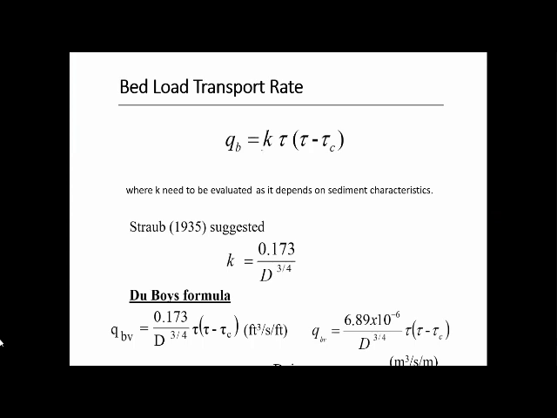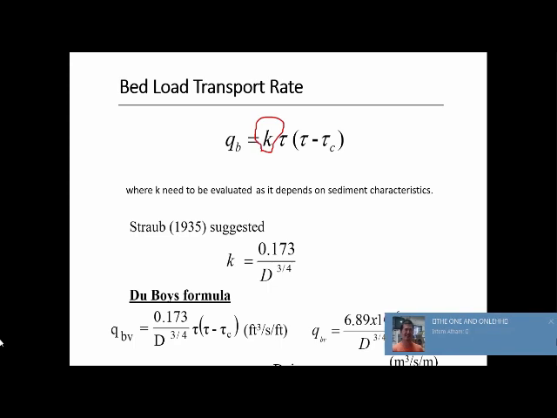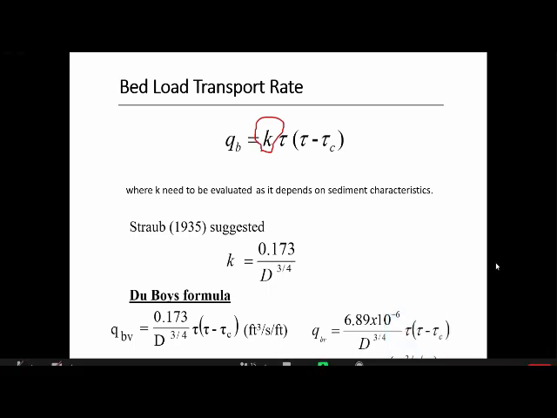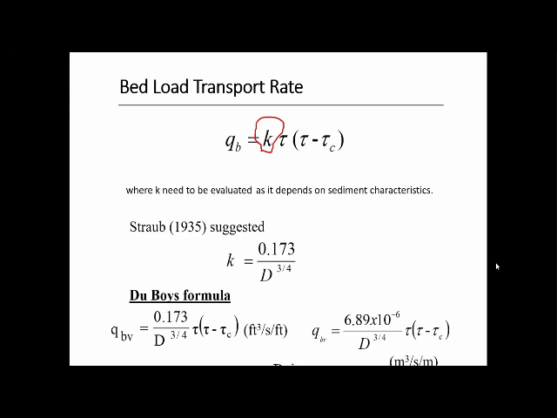So now K, which is the one that derived before, is actually need to be evaluated because it depends on the sediment characteristic as I mentioned. So one way that we can solve this K problem is we can use the Straub 1935 by calculating the K equals to 0.173 divided by the D power of 3 over 4.